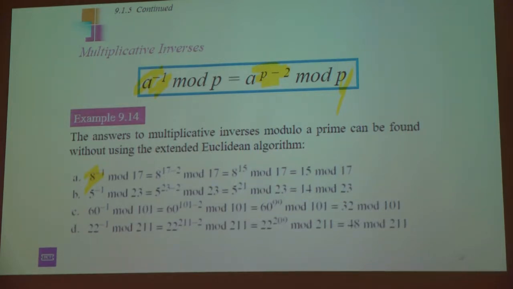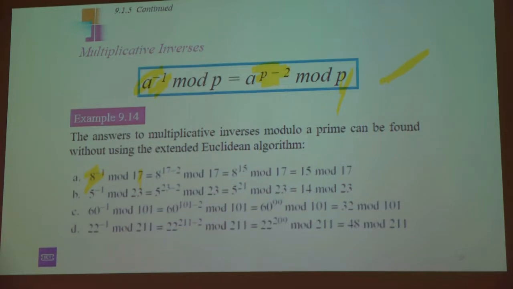I would like to calculate the multiplicative inverse of 8 mod 17. From the rule, it equals a to the power p minus 2. What's p? 17. So we put 8 to the power 17 minus 2, which is 8 to the power 15, mod 17.